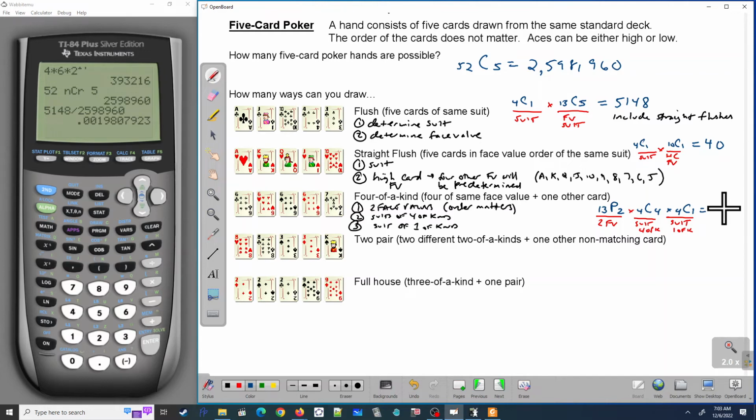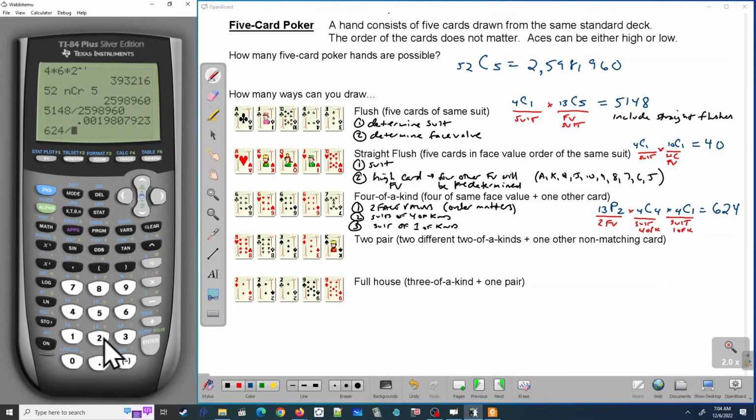And so when I do 13P2 times 4C4 times 4C1, now I know 4C4 happens to be 1, I know 4C1 happens to be 4. 13P2, I'd have to figure that out, but you find out that there's actually only 624 poker hands that will work out to be a 4 of a kind, which makes this even rarer than a flush. So yes, if you get a 4 of a kind, you should definitely be feeling that you're in a very strategic place to win the game, because it is becoming significantly harder.